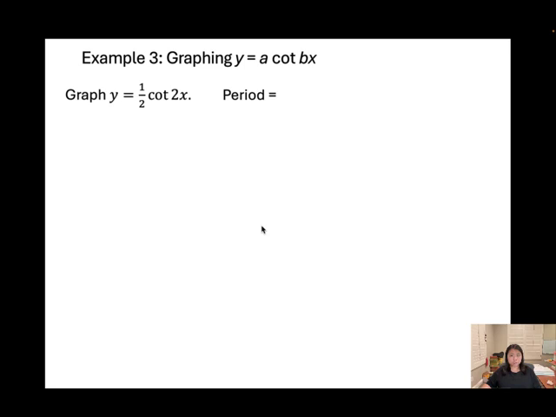Okay, example 3. I want you to try this. Graph the cotangent. First find out the period. Period will be pi over b, right? So period will be pi over 2. Now we're going to find the two adjacent vertical asymptotes.